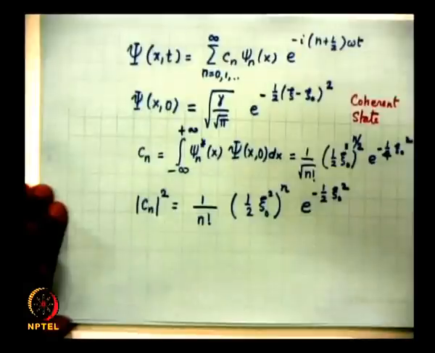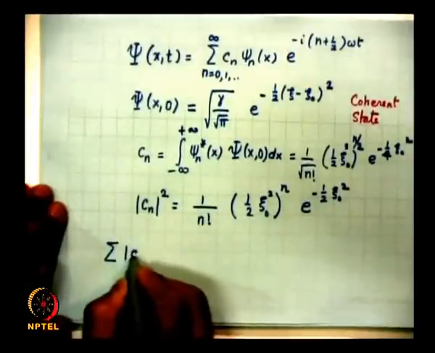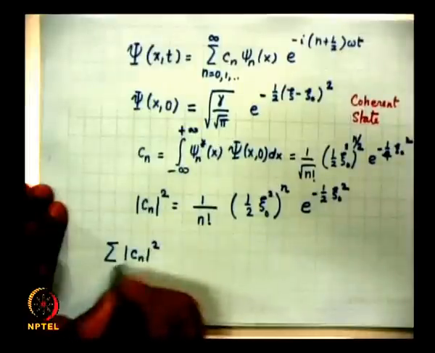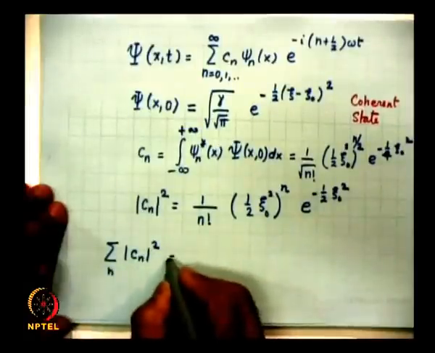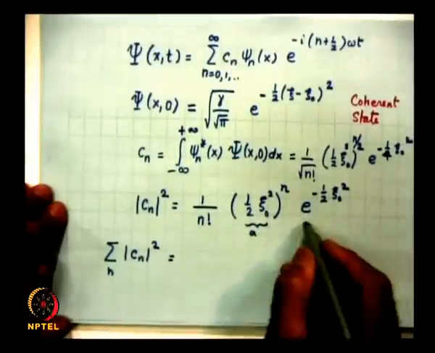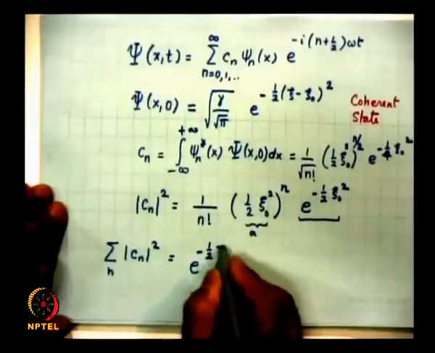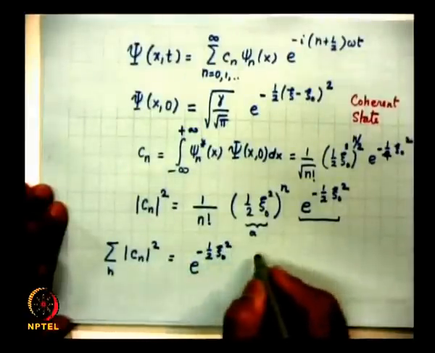You can now see that if I sum mod C n square over n, and I denote half xi naught square by alpha, I take the factor e to the power of minus half xi naught square outside.